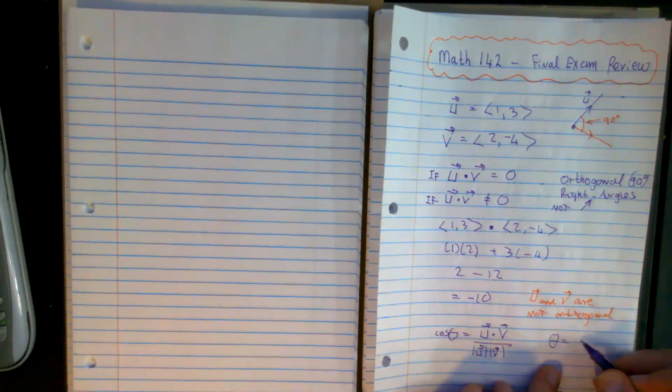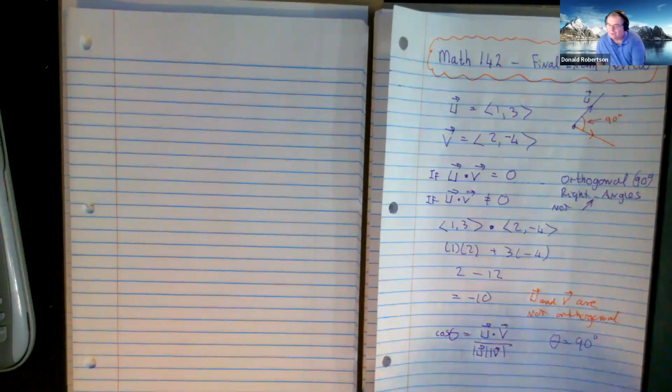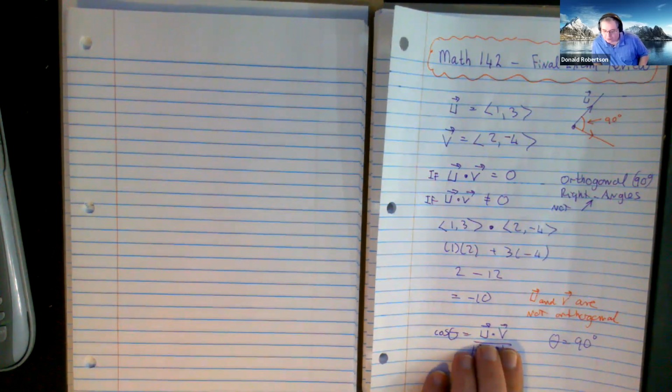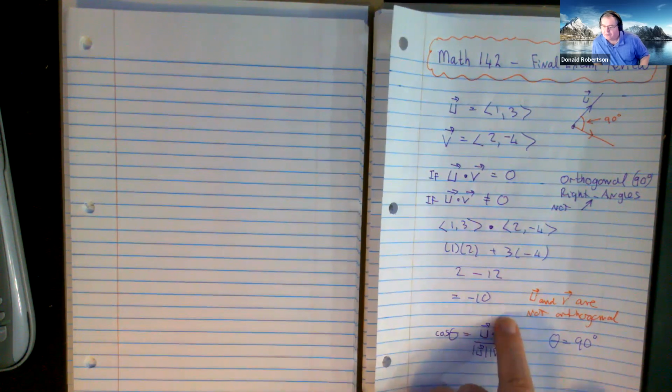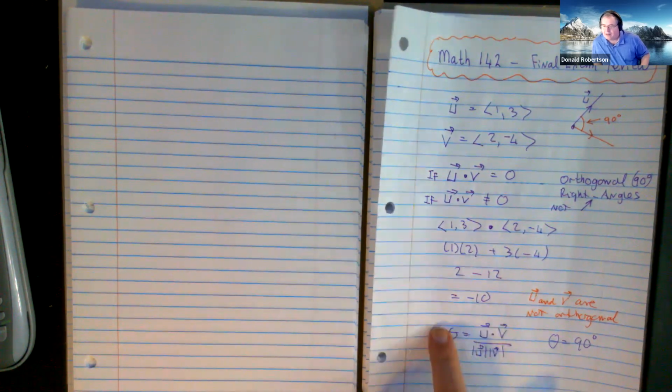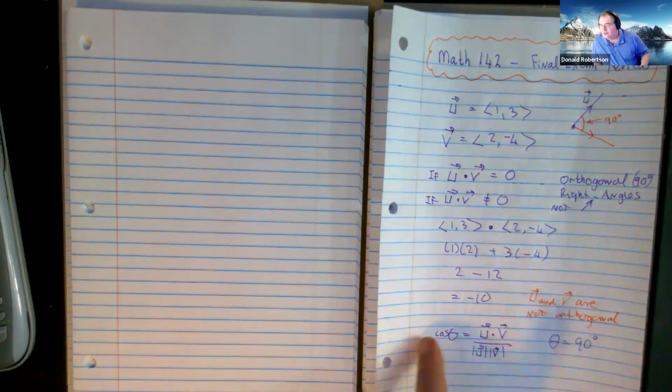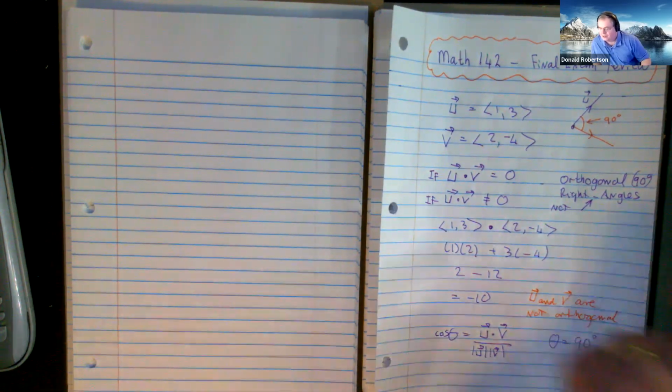You'd find the angle was 90 degrees, right? And wouldn't that mean that it's orthogonal? So that would just be a lot more work to do the same thing. The reason why that works is if the dot product is 0, won't this whole fraction be 0? And what angle has a cosine of 0? The angle 90 degrees has a cosine of 0. So that's why that test works.